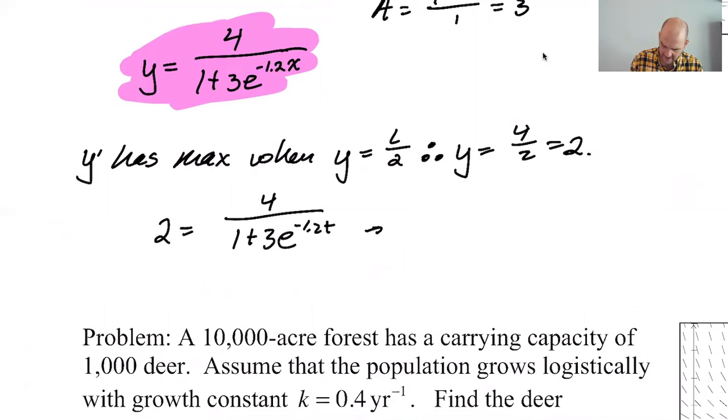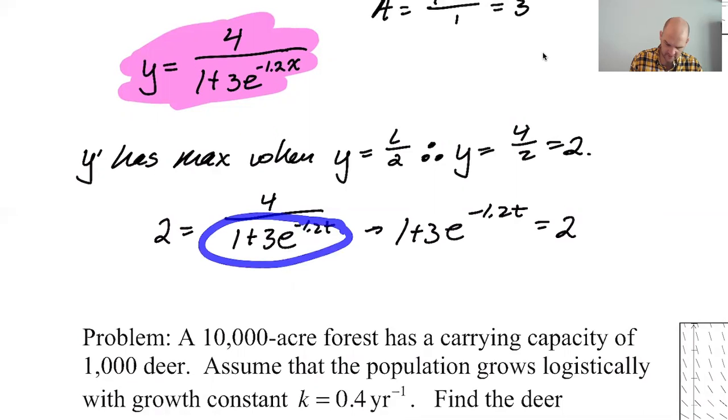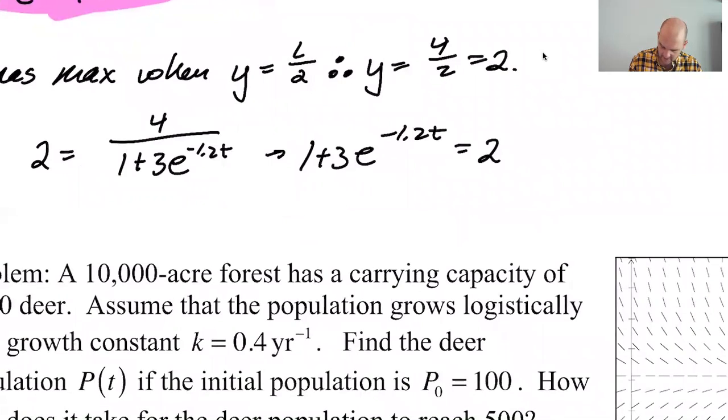And so what's going to happen is we get 1 plus 3e to the negative 1.2t equals 2, right? So basically cross multiply, like bring this over and bring that under, you know, algebra 1. Subtract 1, divide by 3, e to the negative 1.2t. All my t's should be x's.